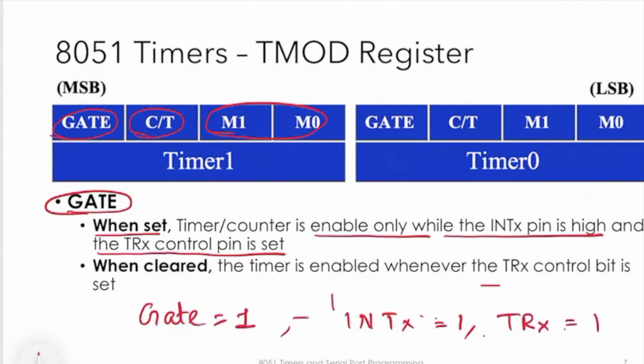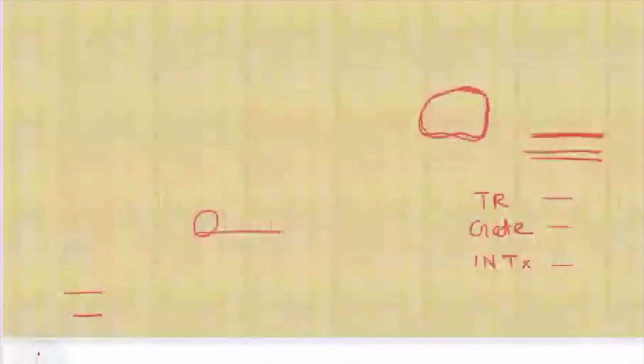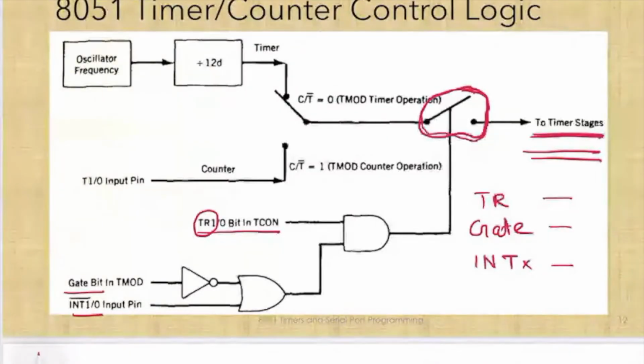That means if this is 1, both these inputs must be 1. Whether it is correct or not, let us see. We'll come back here. Look here. When gate is 1, naturally what happens? This side it will become 0. The output of this NOT gate will become 0.